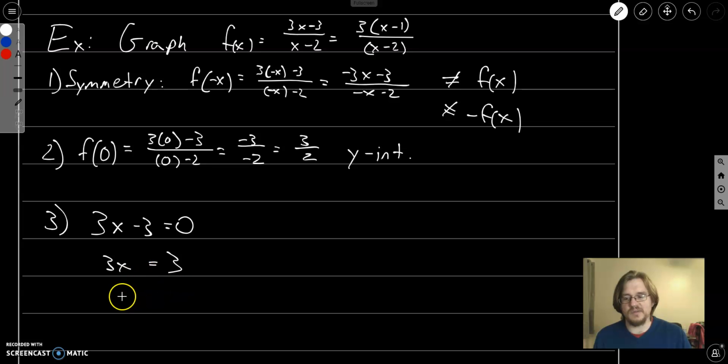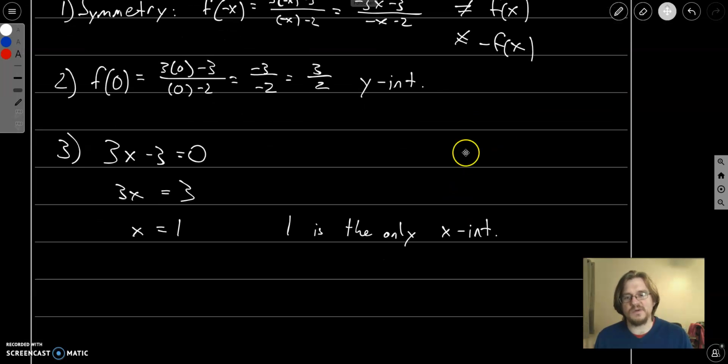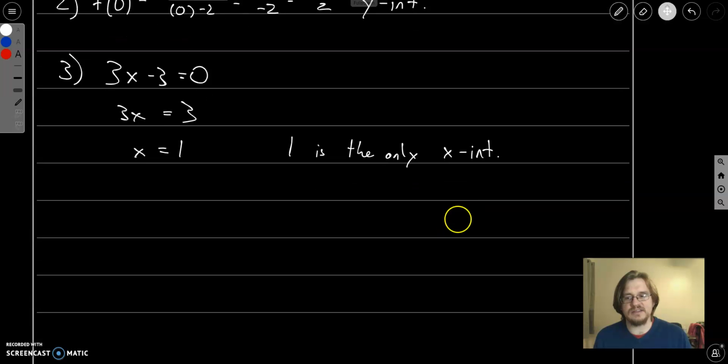If I divide by 3 on both sides, I get x is equal to 1. So 1 is the only x-intercept. So our function isn't going to be symmetric in the ways that we've seen before. It has a y-intercept. It has one x-intercept.